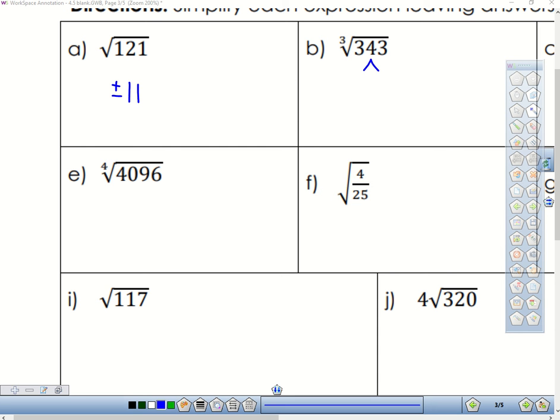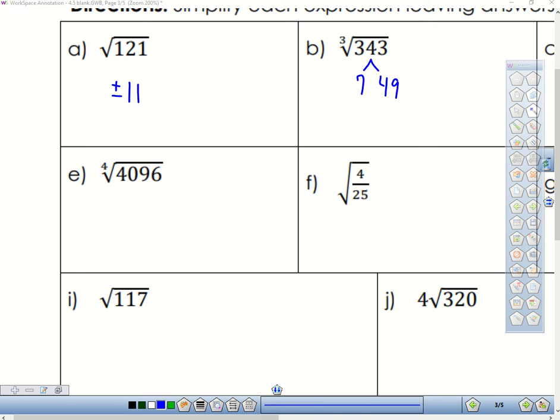But if you don't know it off the top of your head, that's a really good thing to bring up, because typically you're not going to know this off the top of your head, right? So my suggestion, I always recommend this to my students: if you don't know what goes into it, I always divide it by numbers 2 through 9 until I find out which one works. Because usually one of those is going to work most of the time. So I go ahead and do that and I get 7. 7 times 49 would give me 343, okay?